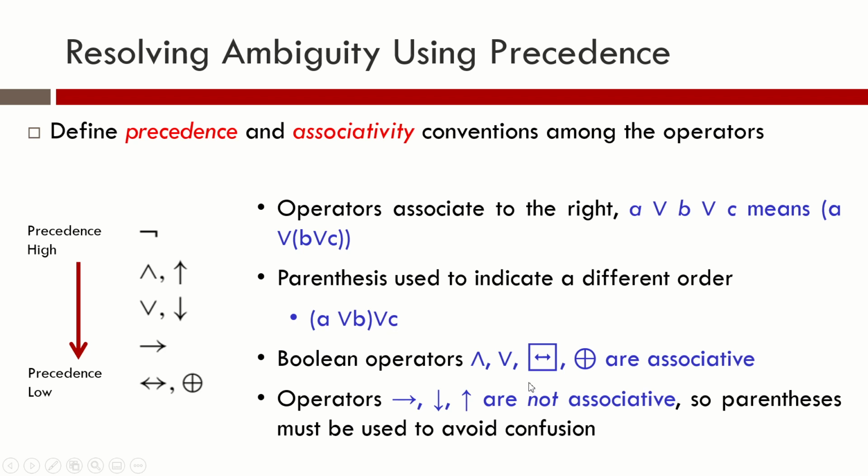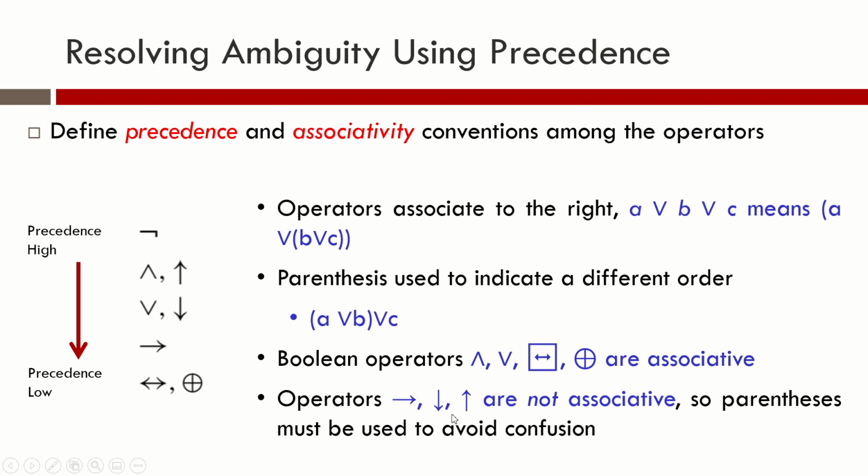When we consider the Boolean operators in propositional logic, the disjunction, conjunction, equivalence and XOR operators are associative, whereas the implication, NAND and NOR operators are not associative. That is, if we are using these operators, we will have to use parentheses in order to avoid ambiguity.